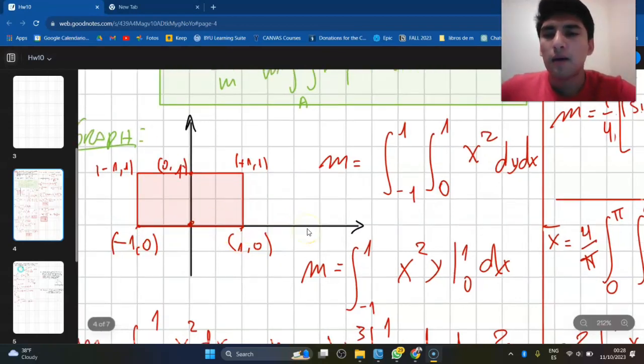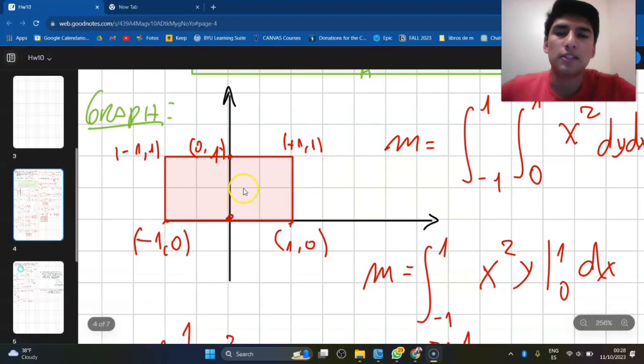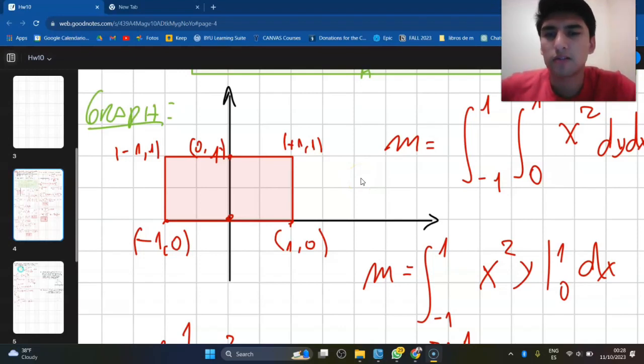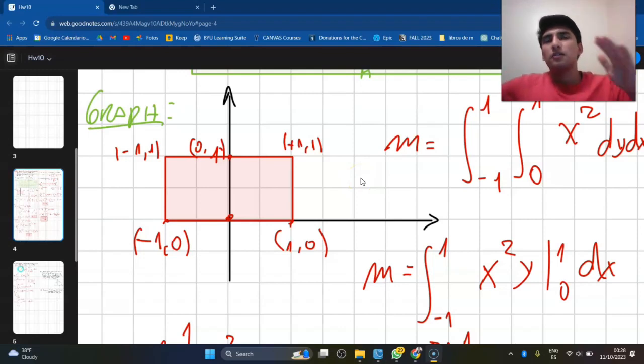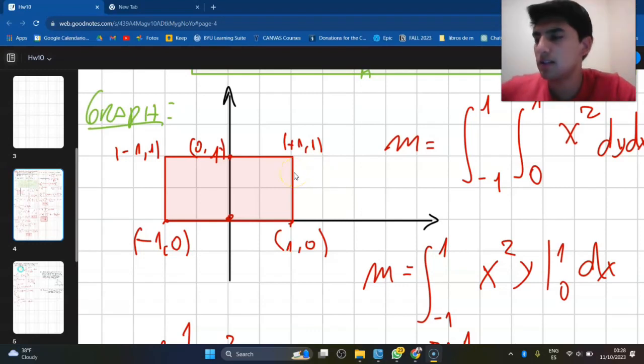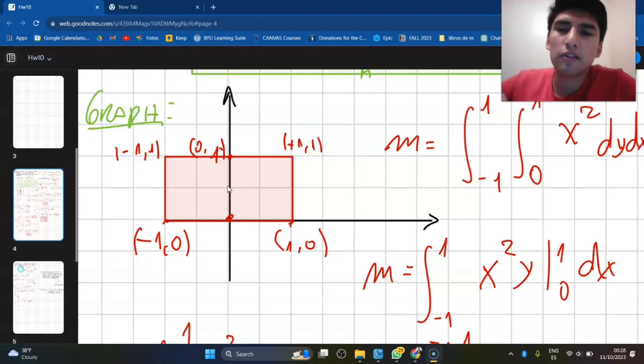At first sight we can see that the center of mass should be at the center of this rectangle. If it were a triangle or circle it would change, but right now this is a perfect shape, so the center of mass is going to be at the middle of this rectangle.